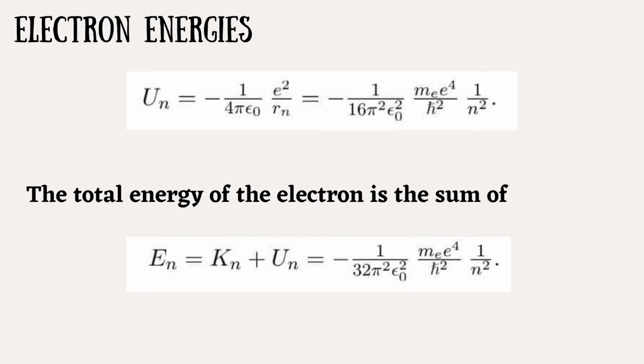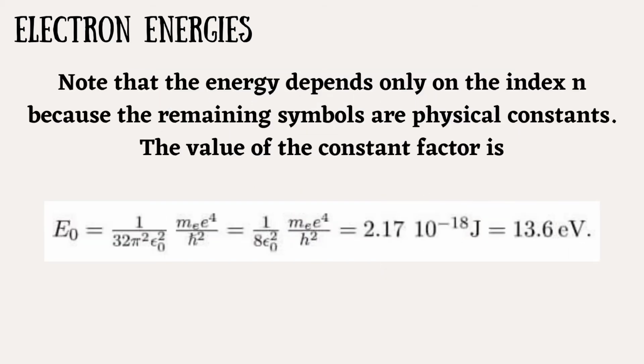where U sub n is equal to negative 1 over 4 pi epsilon 0 times e squared over r sub n, which is equal to negative 1 over 16 pi squared epsilon squared times m_e e raised to 4 over h squared, times 1 over n squared. Note that the energy depends only on the index n because the remaining symbols are physical constants.